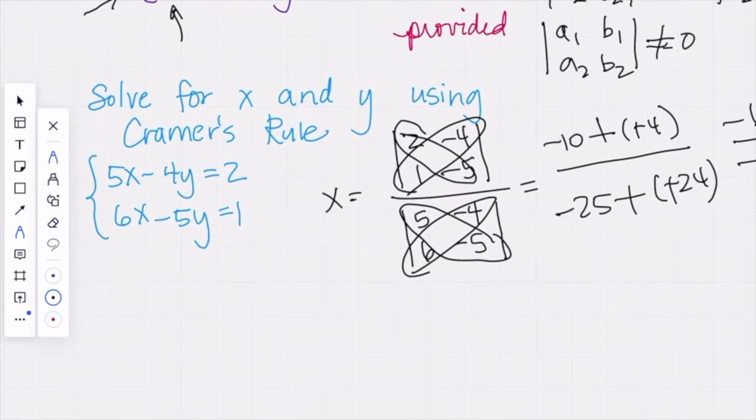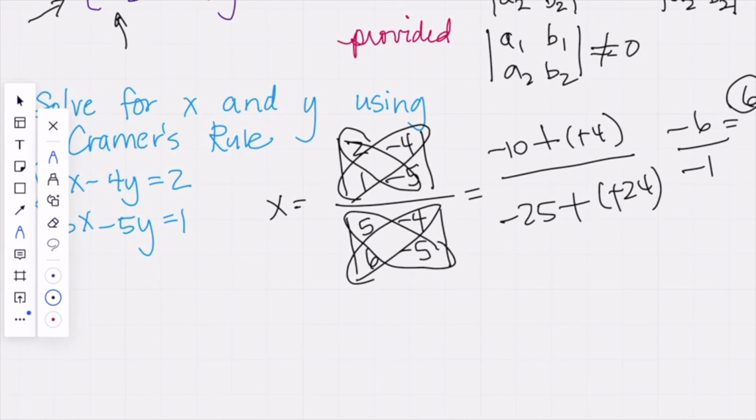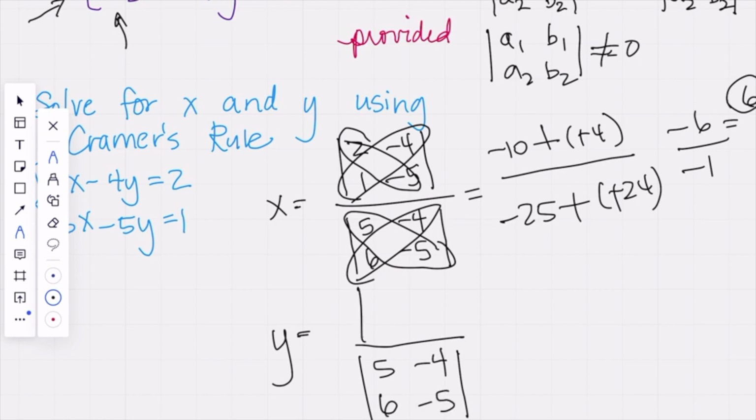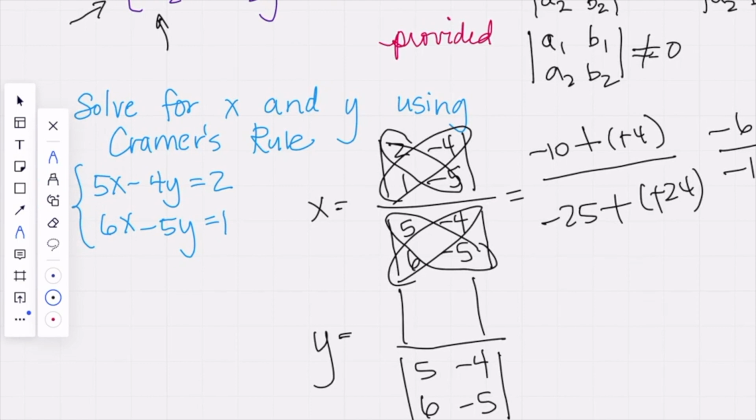Let's see what we get for our y value using Cramer's rule. Okay, so we can say that the y value, remember that the y value has the exact same denominator, but the numerator is going to be a little bit different. We're going to keep the coefficients of x, and we're going to replace the coefficients of y.